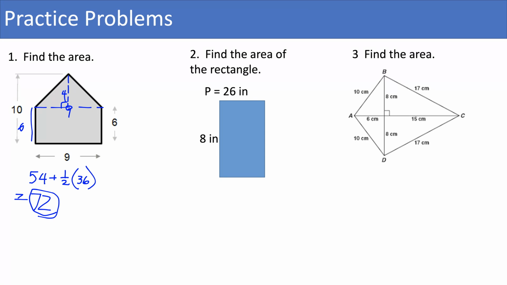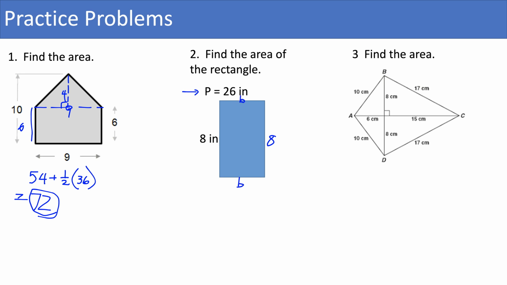All right, so this one, find the area of the rectangle. Well, the area of a rectangle is base times height, but I don't have the base, but I do have the height. Ooh, I have one other piece of information. Perimeter equals 26. Well, what's the perimeter? It means all the way around. So I have this and this. I don't know that, and I don't know that.